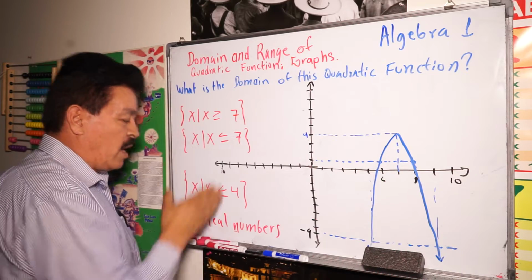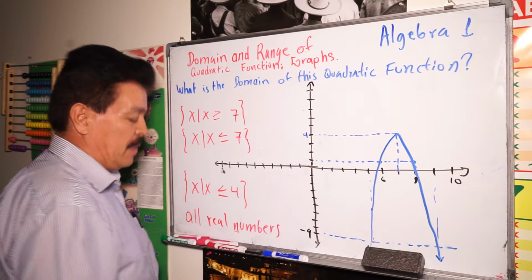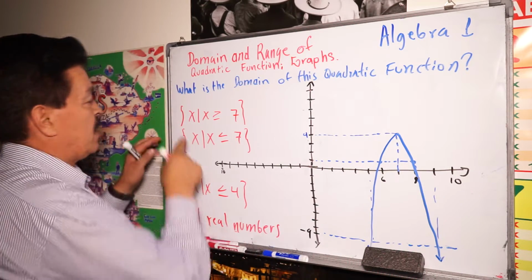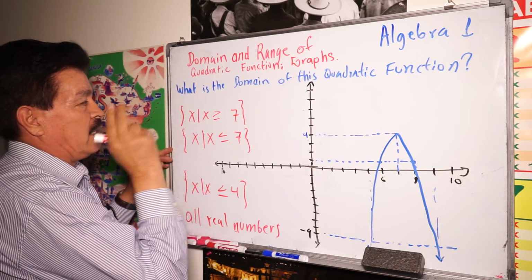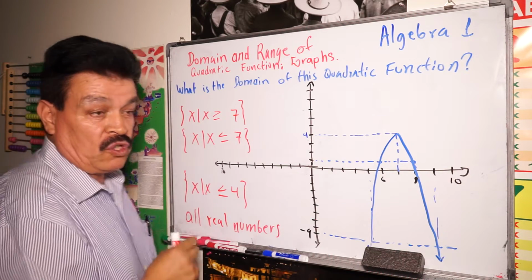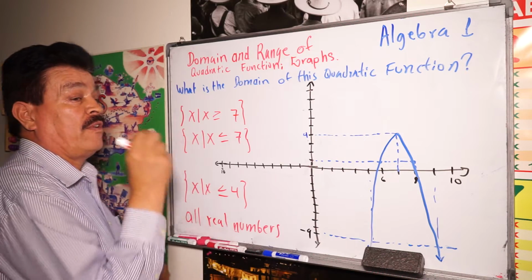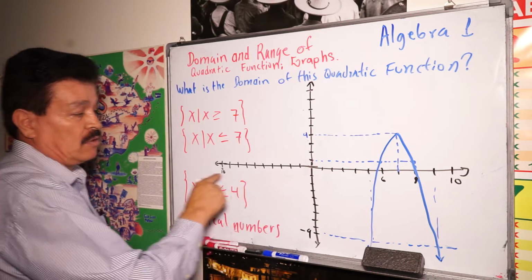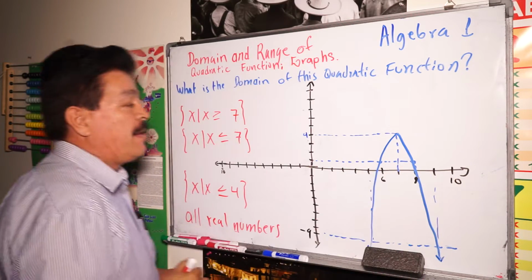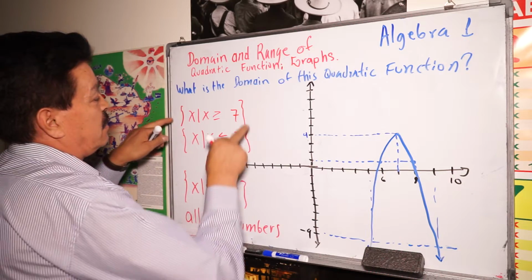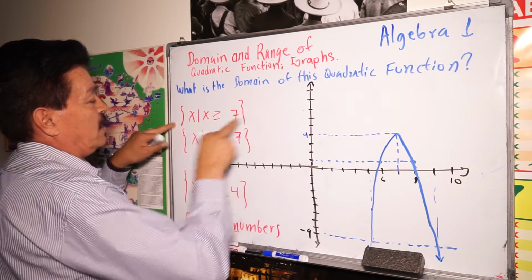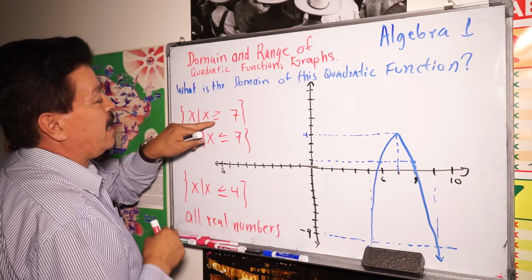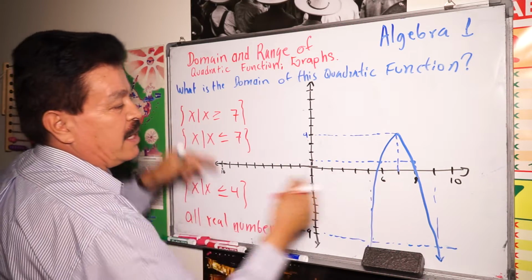Okay, one of these is the right answer. I told you the domain of a function is the set of all x values. We have this first proposition: x such that x is greater than or equal to 7. It's right here, 7.